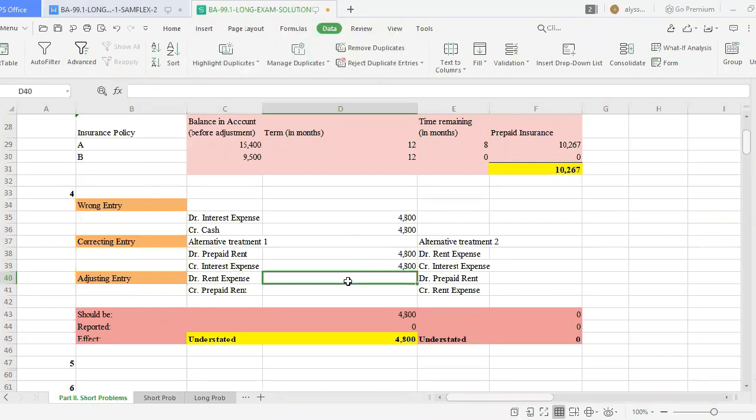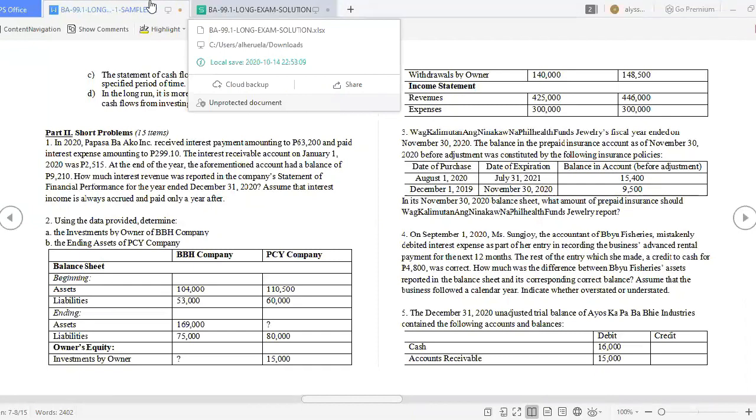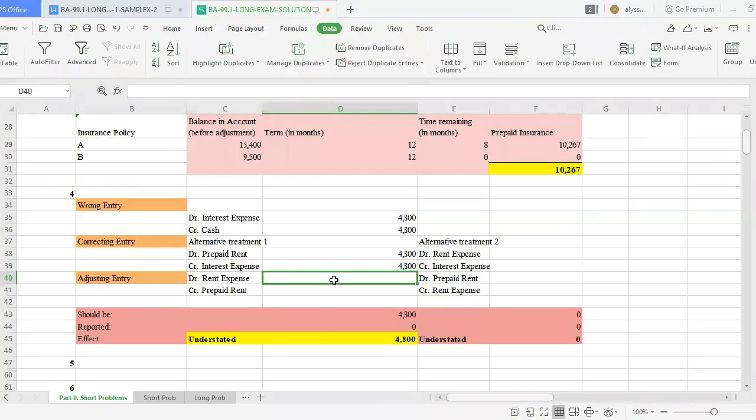So that's 4,800 times 4 months out of 12. Yeah, so 1,600.